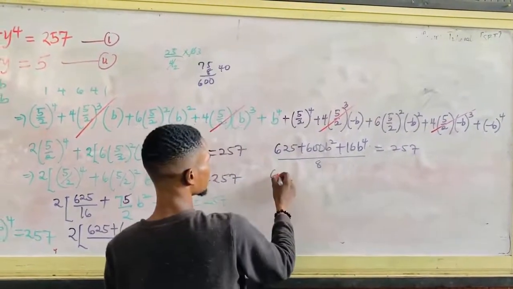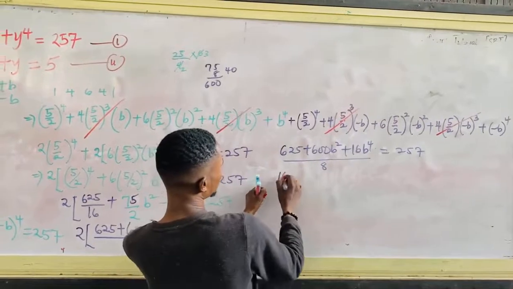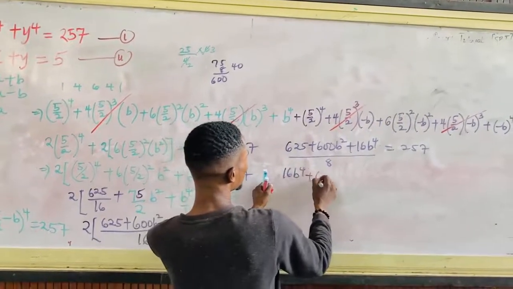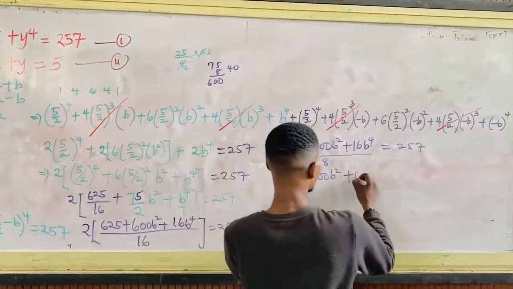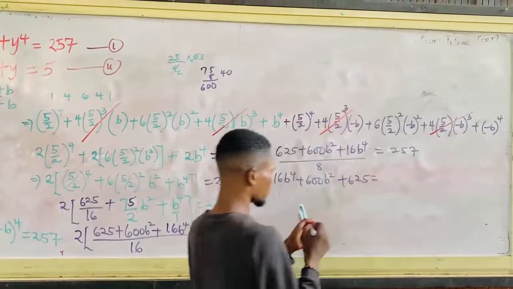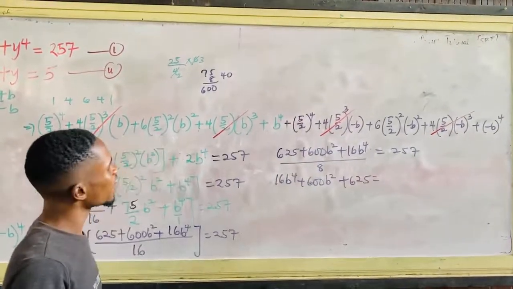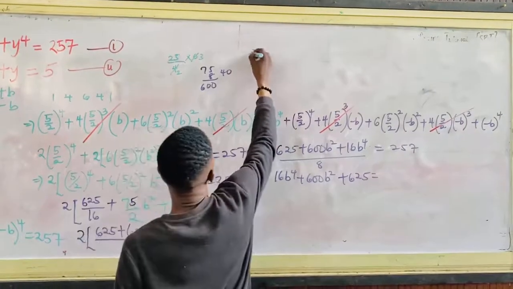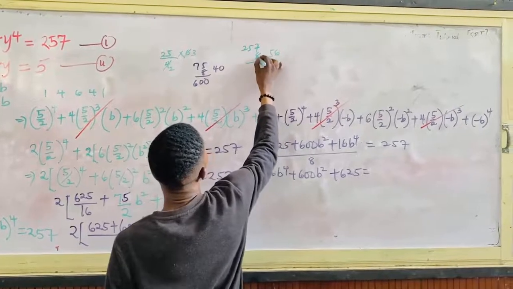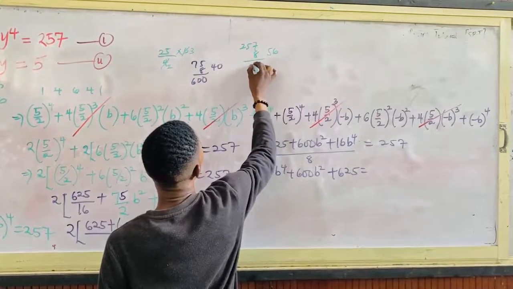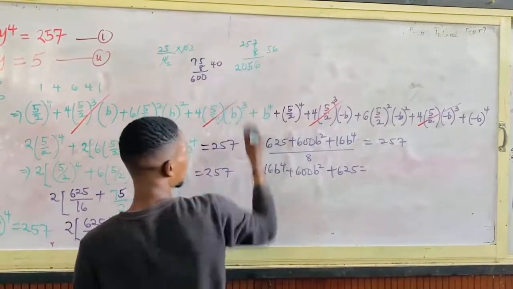Now let's write it as 16 b raised to the power 4 plus 600 b squared plus 625, which is equal to 8 times 257. What is 8 times 257? 57 times 8 gives 2056.